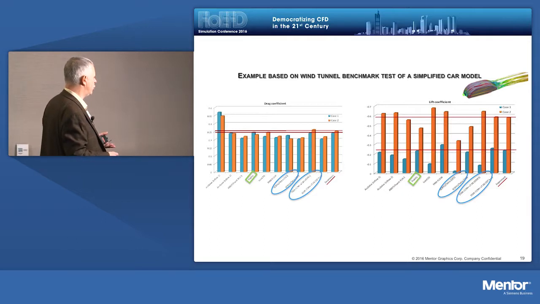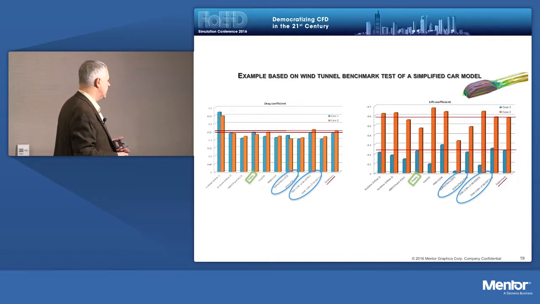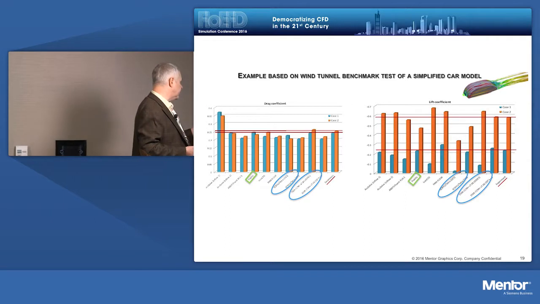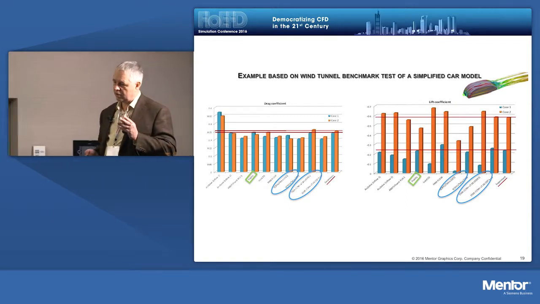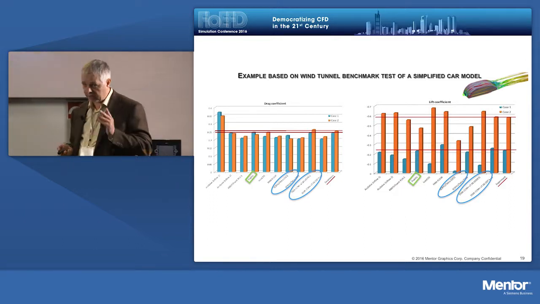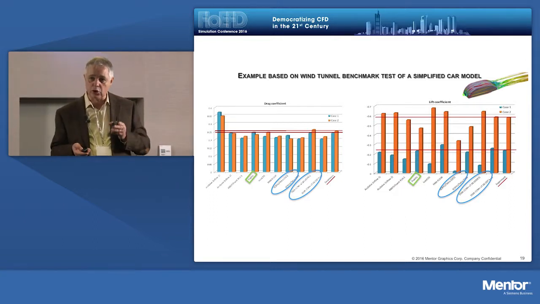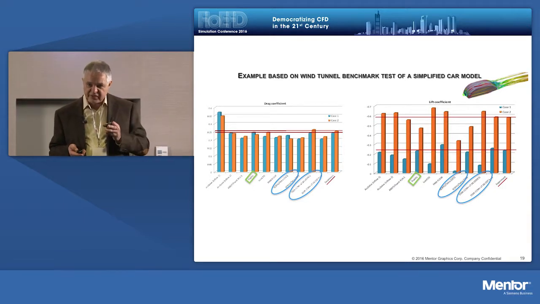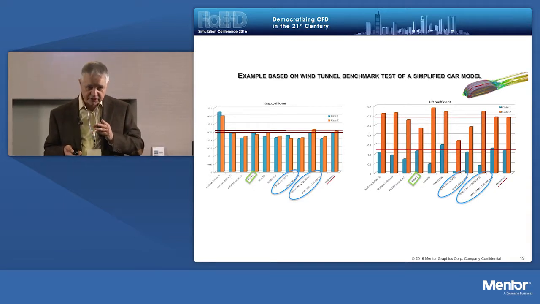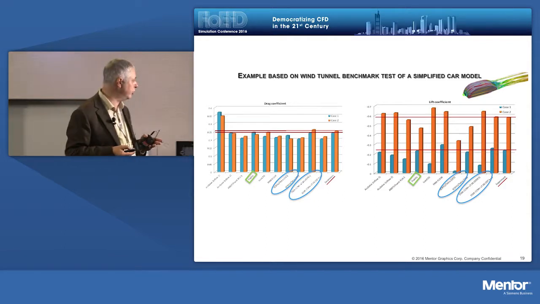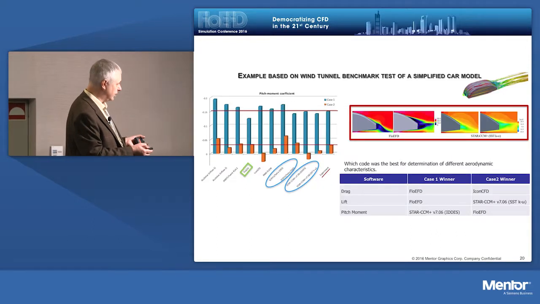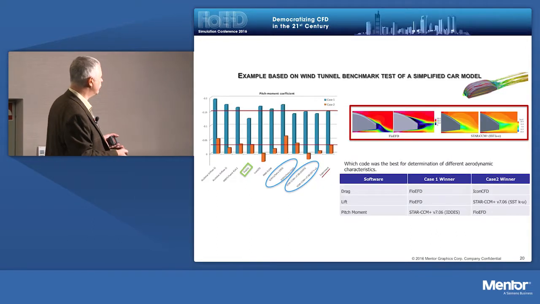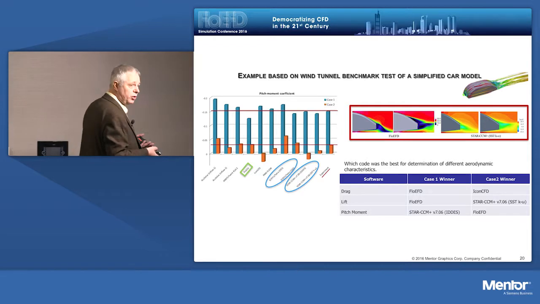This is for the drag coefficient. This is for the lift coefficient. And you see that FloEFD is among the best results. But what is essential to know is that the alternative codes used different turbulence models, even different turbulence models for different calculations, for instance for drag coefficient, for lift force, or for pitch moment.